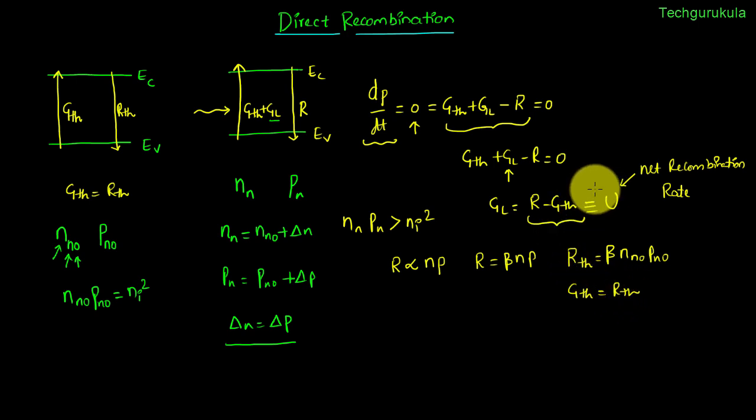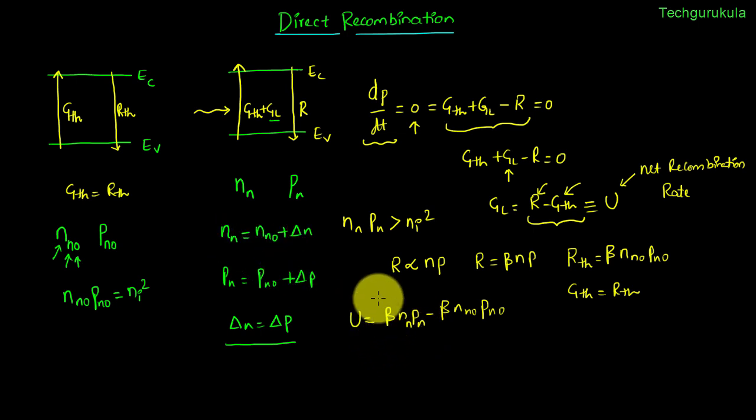So to find the net recombination rate, we know what GTH is, and now we know what R is as well. So let me write the net recombination rate, which is equal to R minus GTH, beta times n times p minus beta times Nn0 times Pn0. Of course, this n is the electron concentration in n-type, so n suffix n, and this is p suffix n.